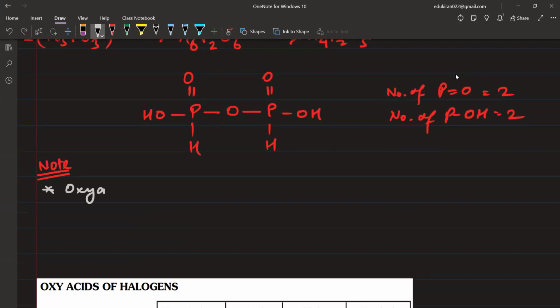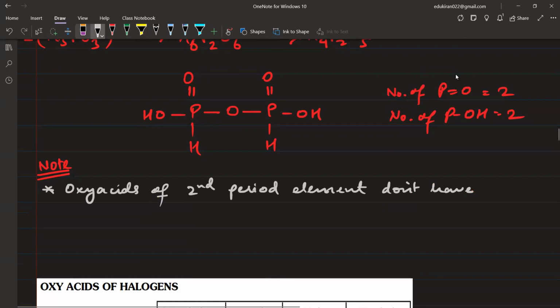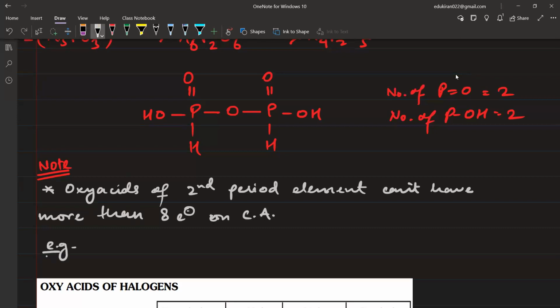Oxy acids of second period element can't have more than 8 electrons on central atom. ठीक है. For example, HNO3, nitric acid.